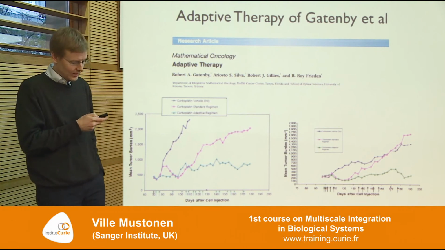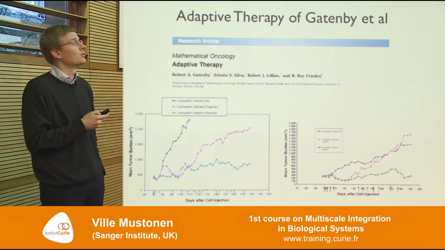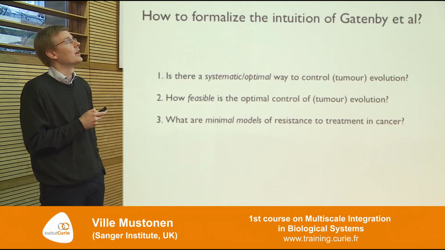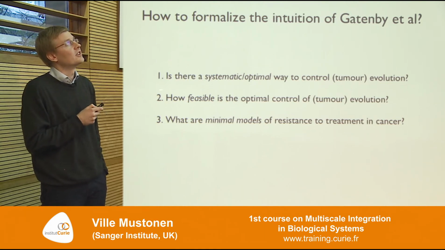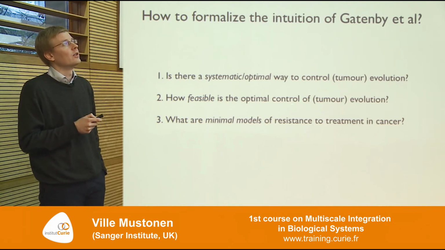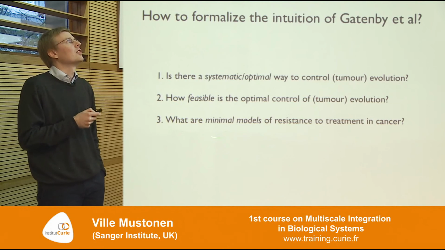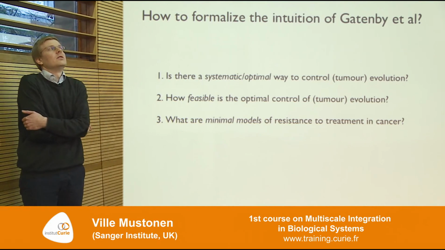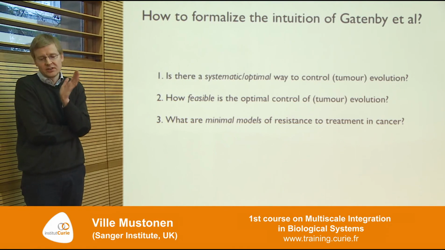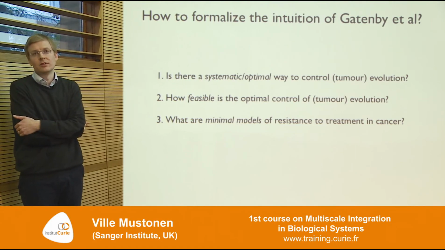And this paper I thought was brilliant when I found it. And so we have basically thought about how to formalize this intuition. And if there's a systematic, optimal way to control tumor evolution, and how feasible is the optimal control, and what kind of minimal models of resistance to treatment in cancer one should be studying.